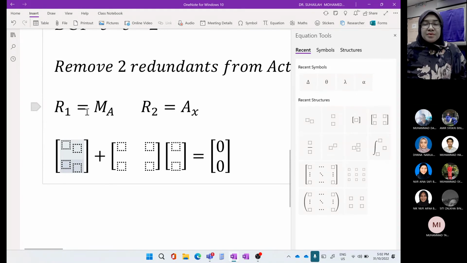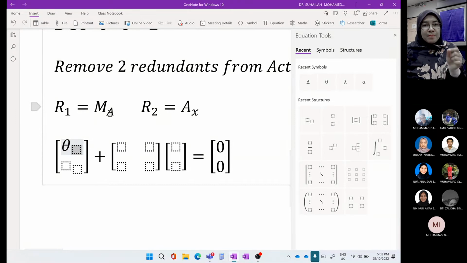So look at the redundant. Moment is the redundant, so the first one will be theta. Instead of putting A, because both are at A, how do we distinguish? So we have to change to numbering: theta 1 naught. Naught is the symbol for the primary system.